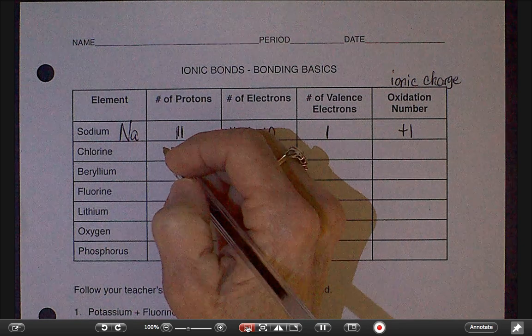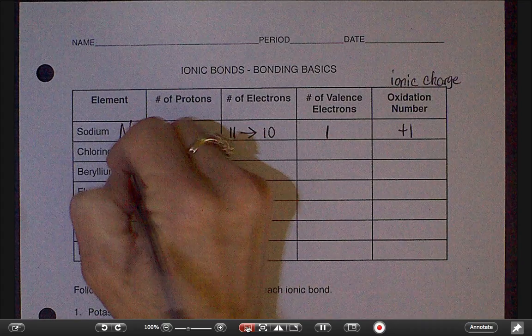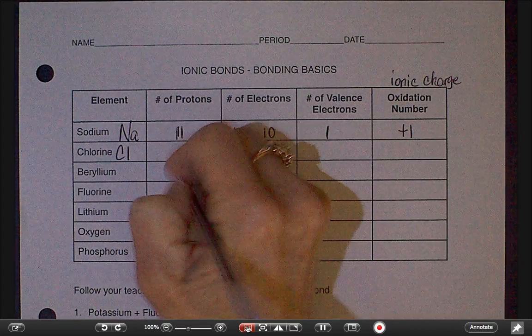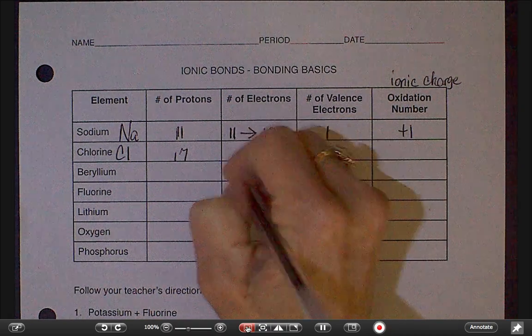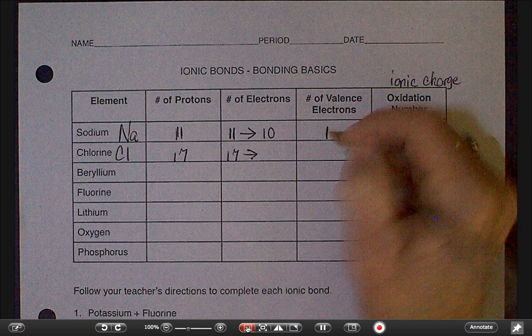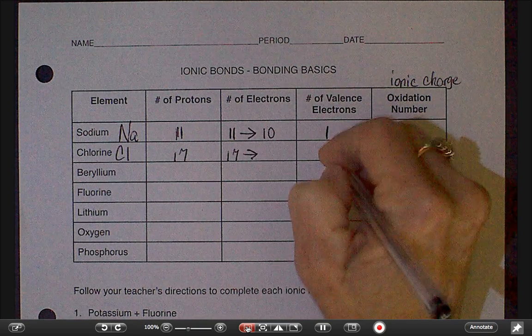Chlorine. What's the symbol? How many protons? Okay. How many electrons? Leave that blank for just a minute. How many valence electrons? 7.